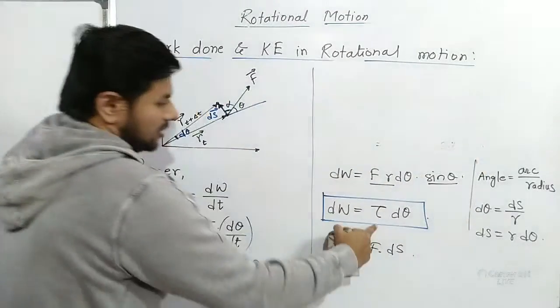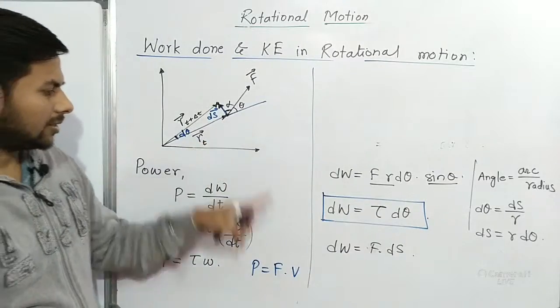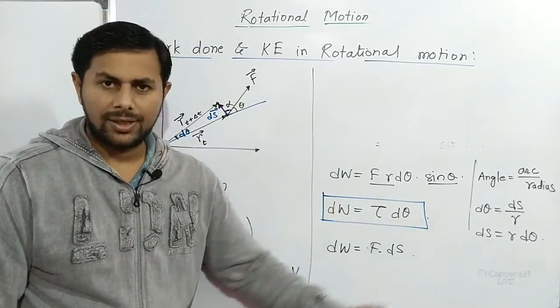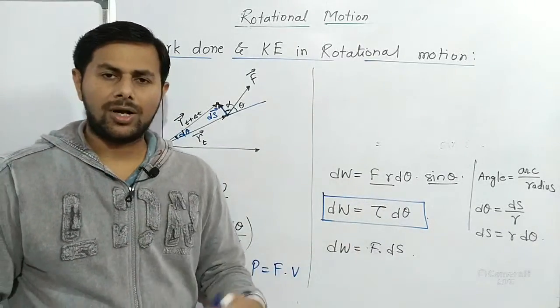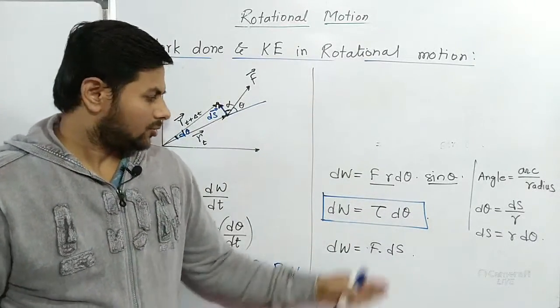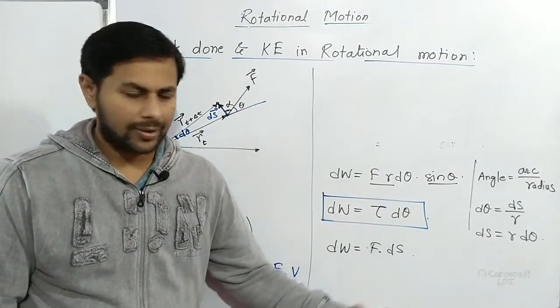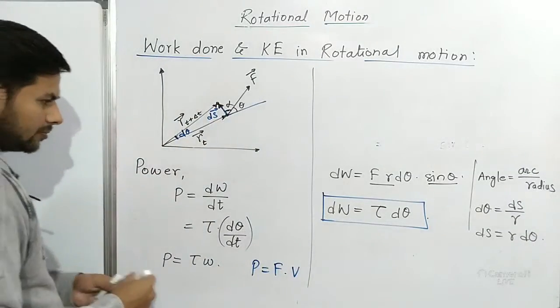And we can generalize this formula for a rigid body. This was for a single particle, so for one particle it is tau times d theta. For a rigid body it will be what? The sum of the torques acting on all particles, so tau 1 plus tau 2 plus tau 3, and so forth, up to plus tau n.